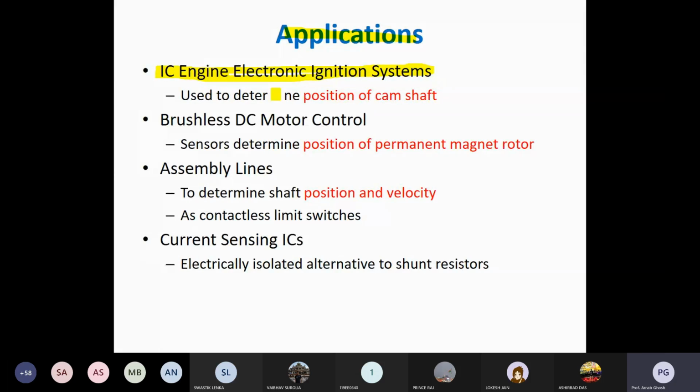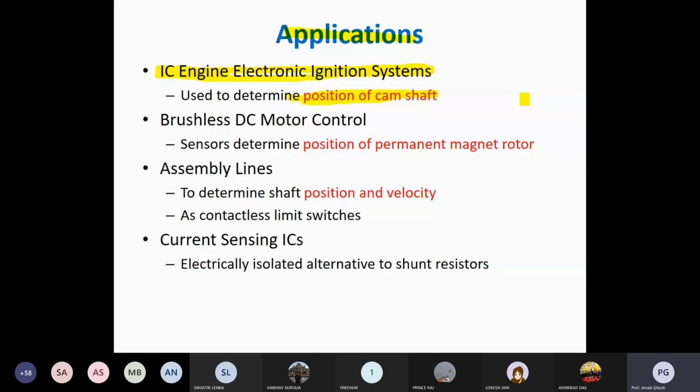If a permanent magnet is there and the rotation is observed inside its magnetic field, then due to the changing of the magnetic field the shaft movement can be counted.